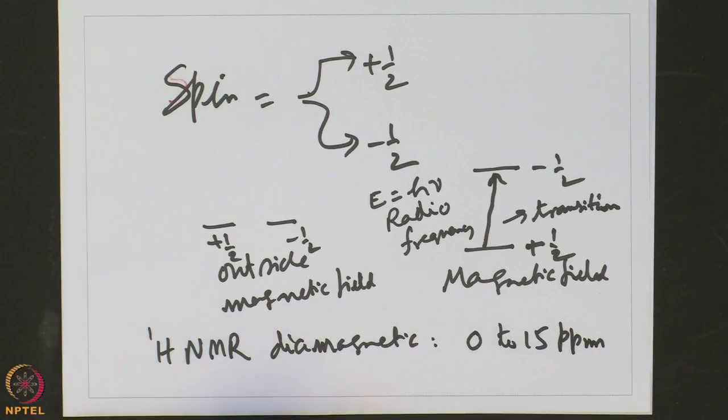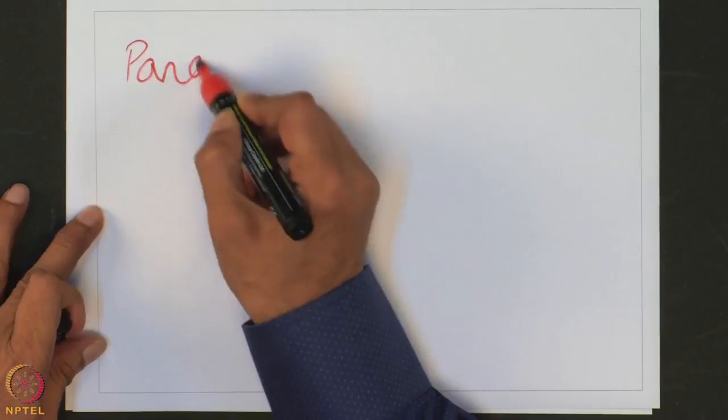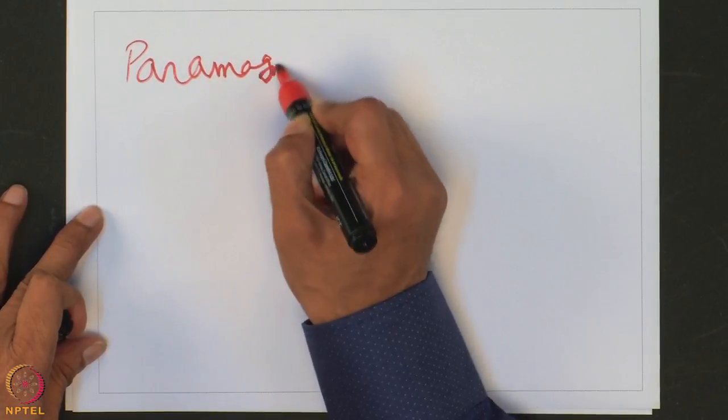Whereas when you have a paramagnetic species, the NMR spectral peaks shift in the presence of the paramagnetic species.